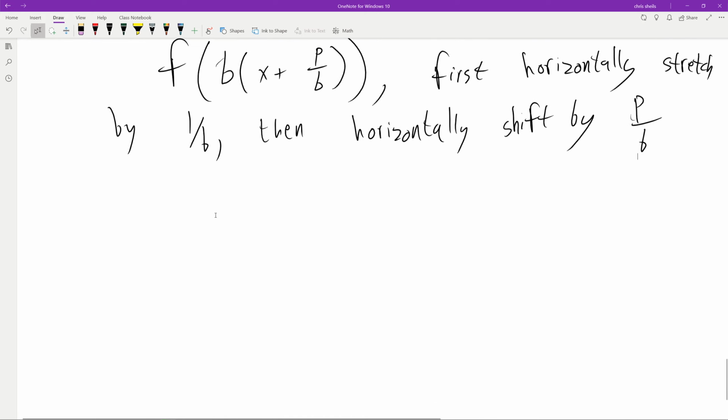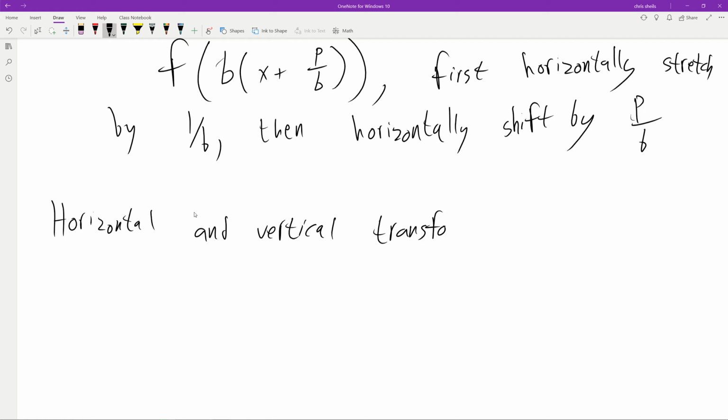And the last note that we have to make about these transformations is that horizontal and vertical transformations are independent.